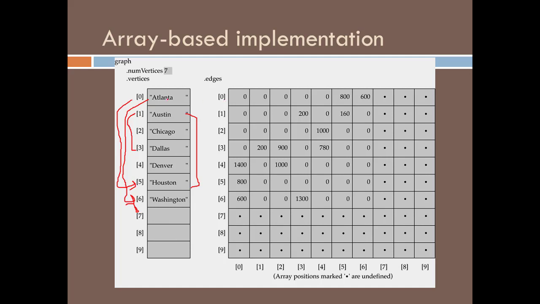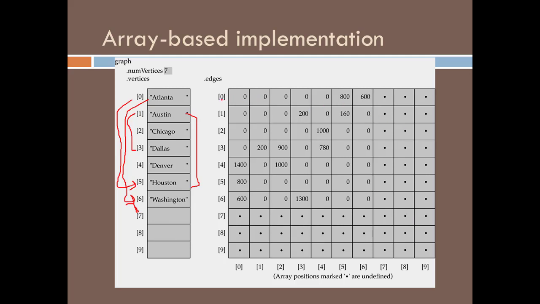So Atlanta has two connections, Austin again has two connections, Chicago has one connection, and so on. This table basically shows us which node is connected to whom and what the value of the edge is. The array positions marked with dots are undefined, or zero values.